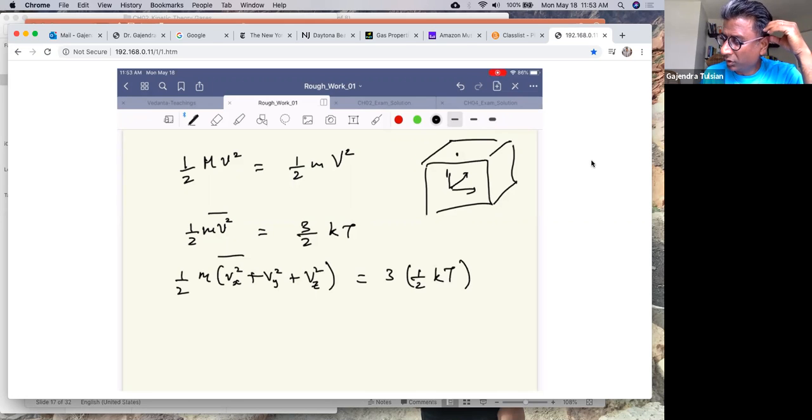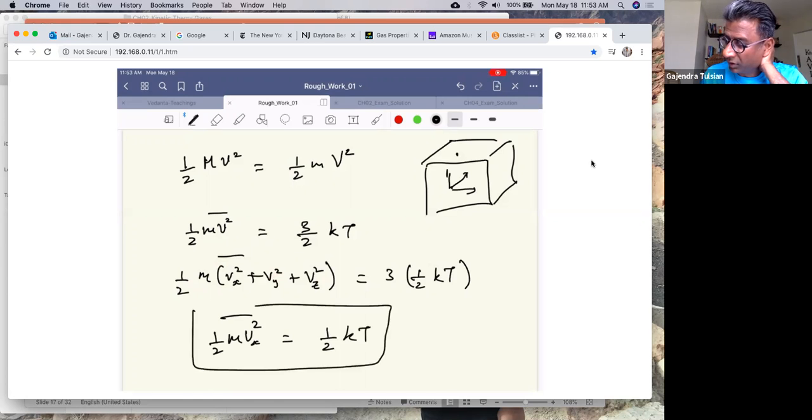Since there's no preferred direction, you would think that the energy in the x direction will equal the energy in the y direction, which would equal the energy in the z direction. So what we're saying is the average energy along each degree of freedom is equal to 1/2 kT.